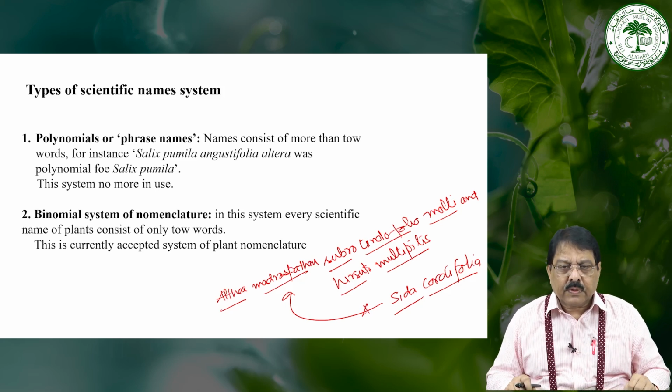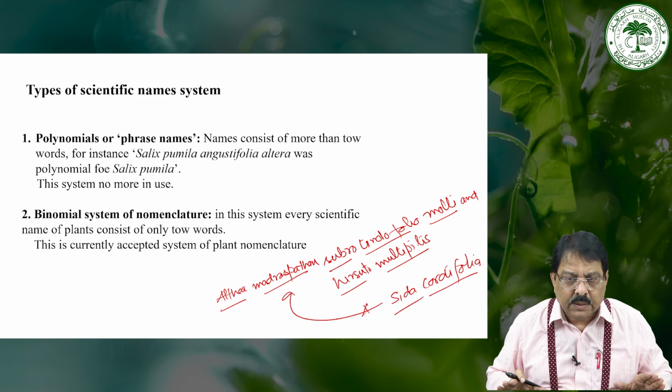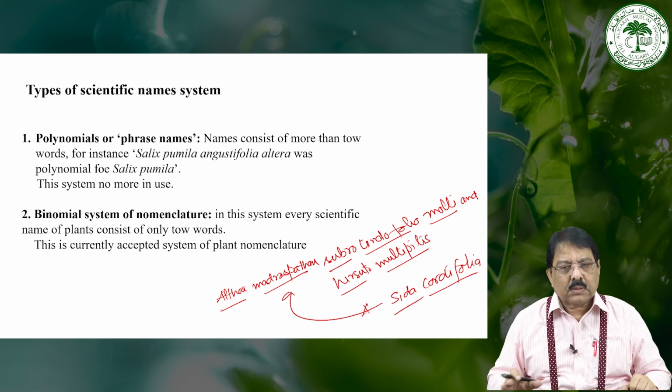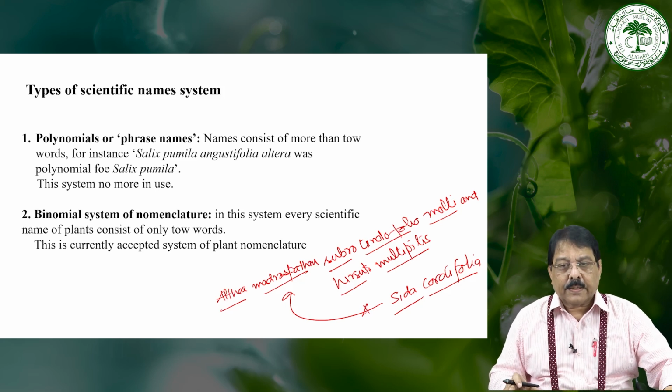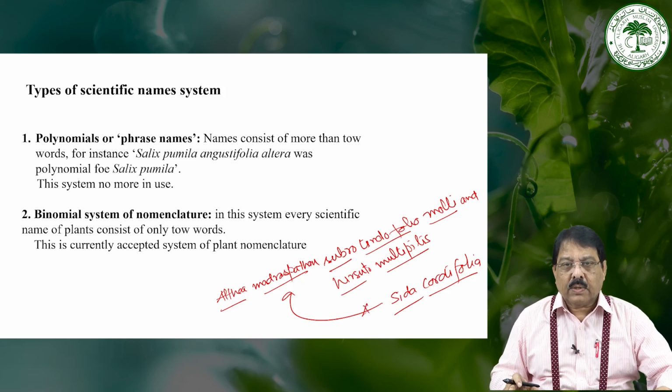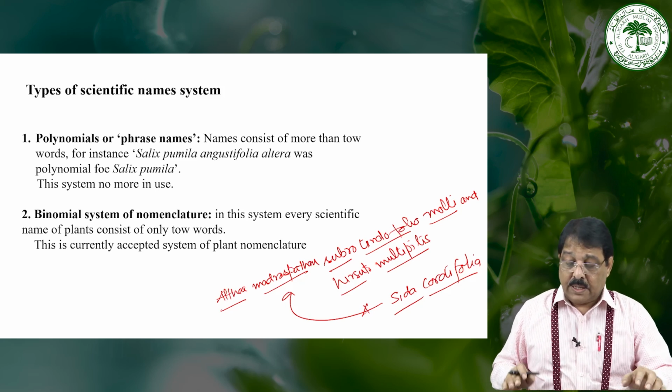So it was very difficult to remember the name of the plant. That's why it was the need of the time for the polynomial to be replaced by the binomial, and the mastermind behind the binomial nomenclature was Carolus Linnaeus.